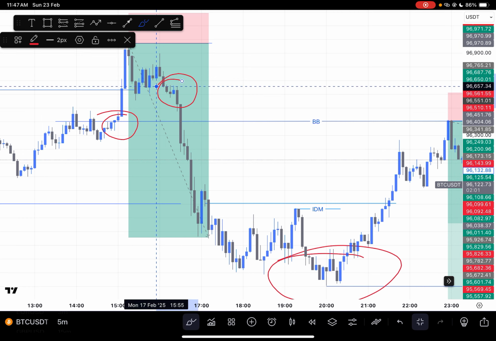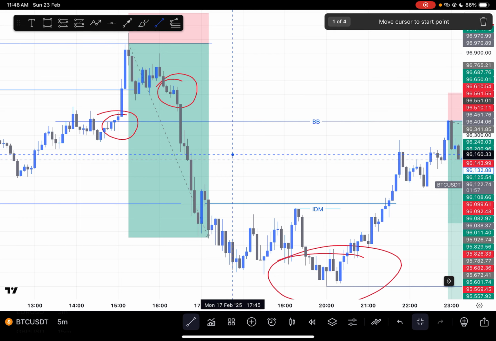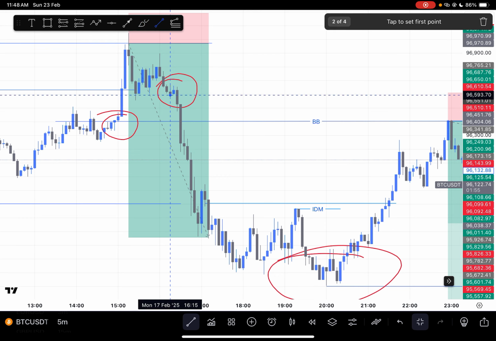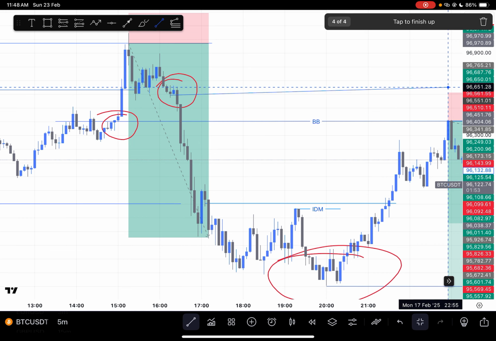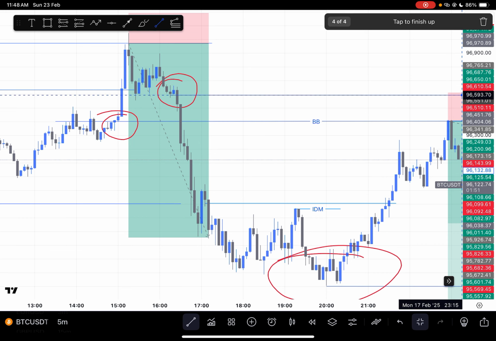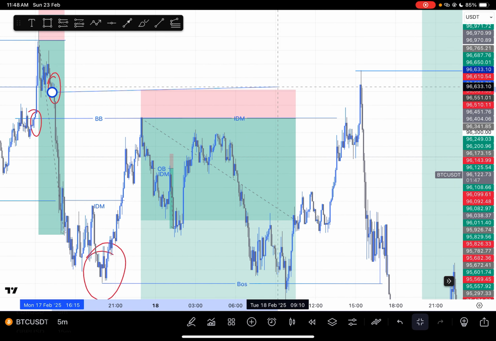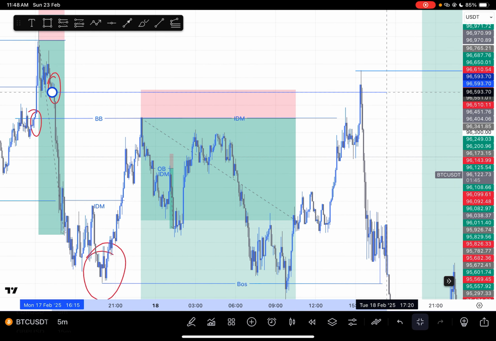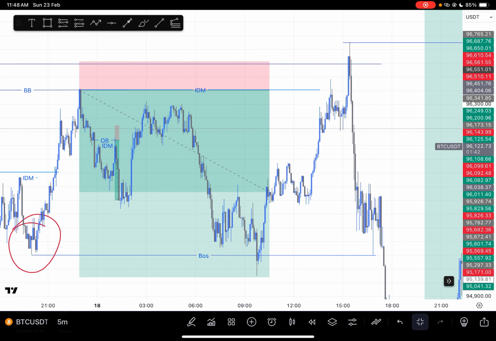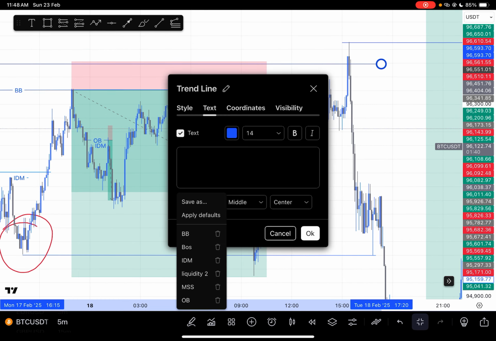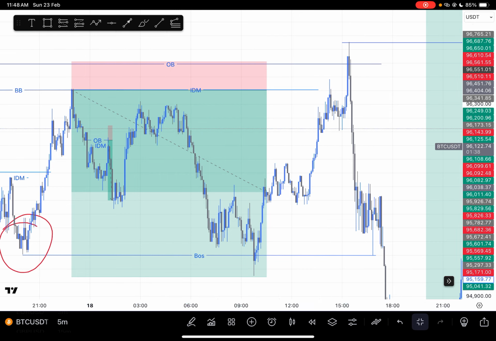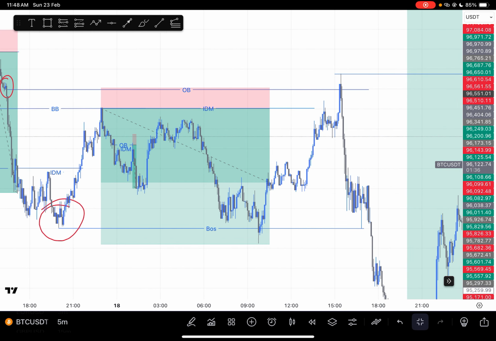If you trace that line back to this point, you can see immediately price tapped into this order block.